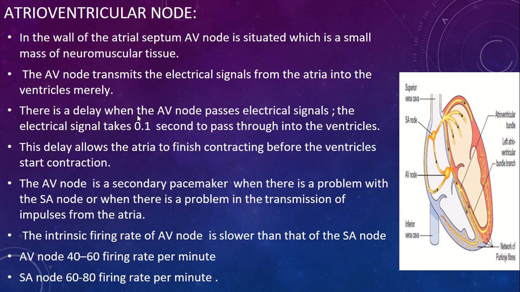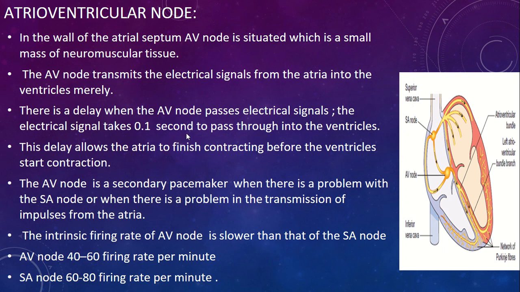There is a delay when the AV node passes electrical signals. The electrical signals take 0.1 seconds to pass through to the ventricles. So what happens when the AV node is passing the electrical signals? At that time there will be a delay of 0.1 second.